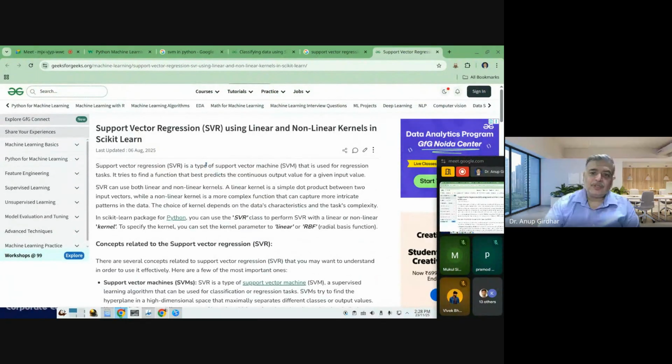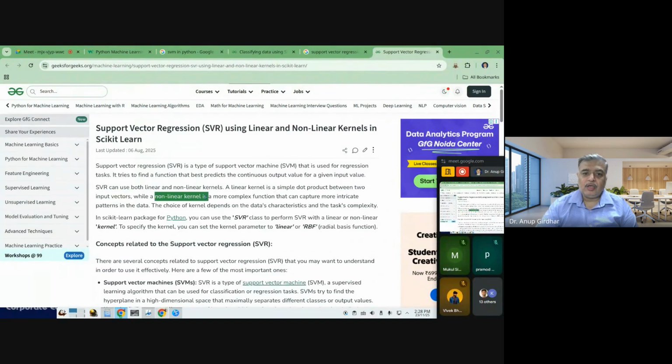So it's also a part of SVM, and that is used for the regression tasks. So try to find the functions for the best practice and continue output with given input value. Again, use a linear and non-linear data set. A linear kernel is simply a dot product between two input vectors.